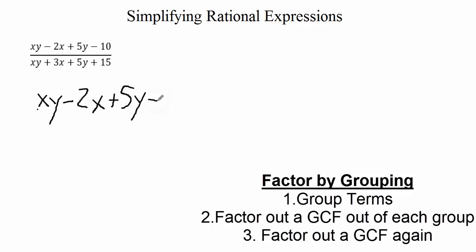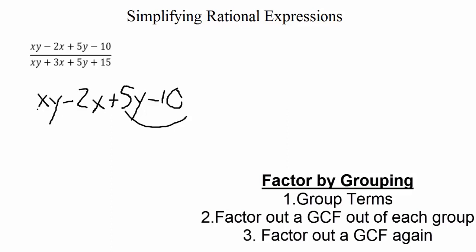We generally break our 4 terms apart into 2 terms, so we group them 2 terms and then 2 terms. And what we're doing is looking for a greatest common factor within each one of these groups. So ignoring the second grouping, the 5y minus 10, and just looking at the xy minus 2x, we need to think, do we have a greatest common factor?